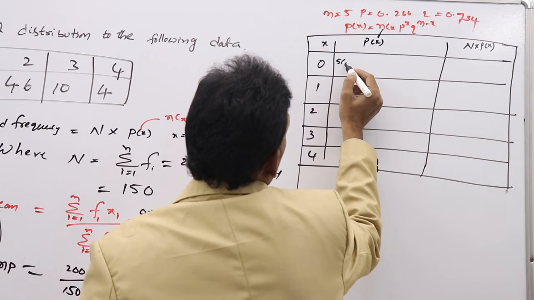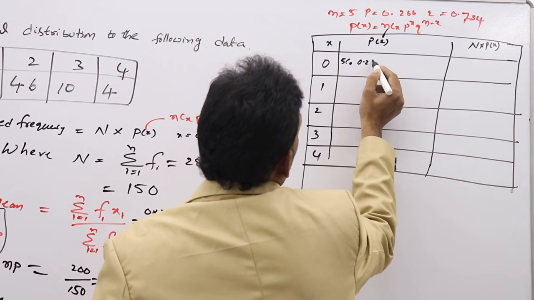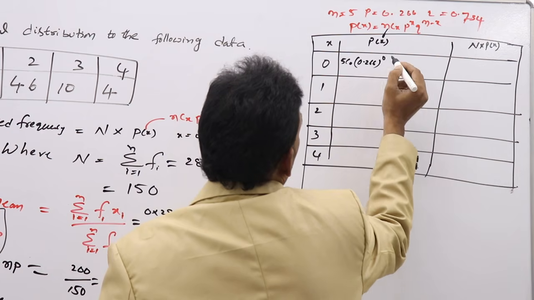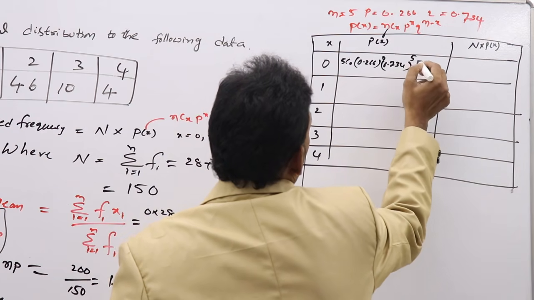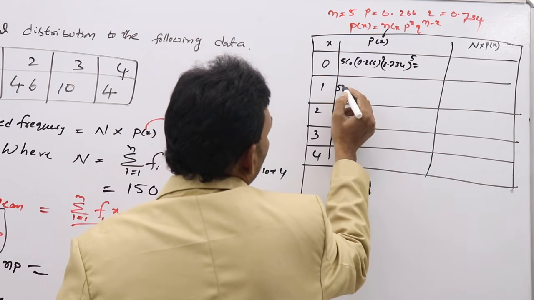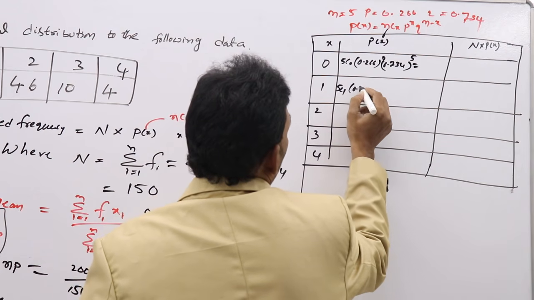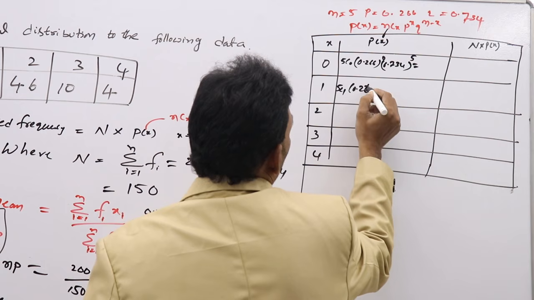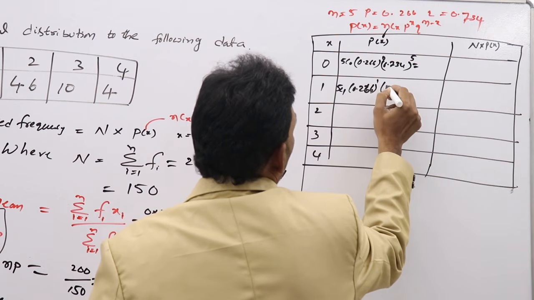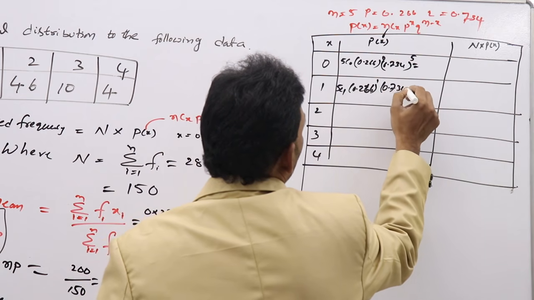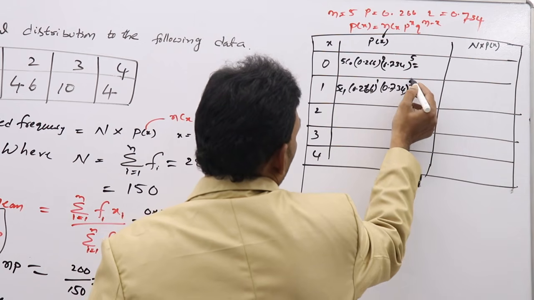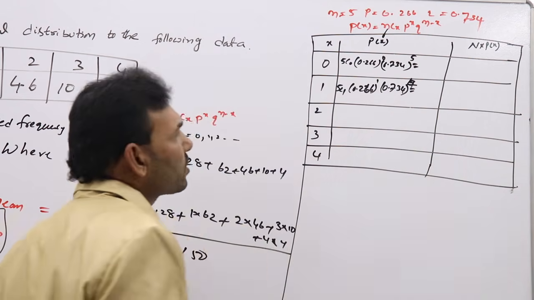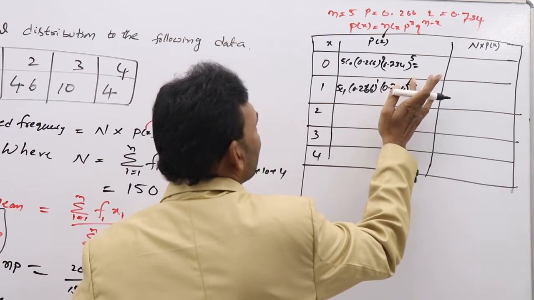So 5C0, 0.266 whole power 0, 0.734 whole power 5. Similarly, this will be 5C1, 0.266 whole power 1, 0.734 whole power 5 minus 1, 4.